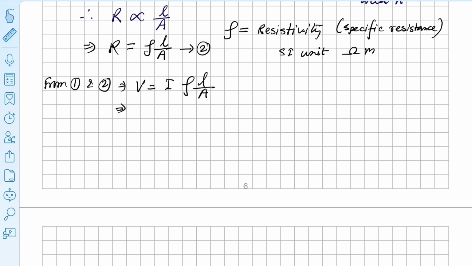So we can say that E into L is equal to rho I L by A.